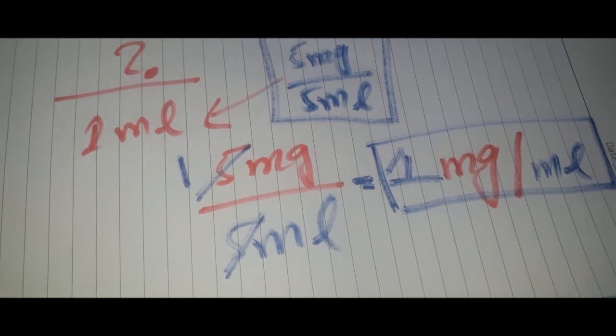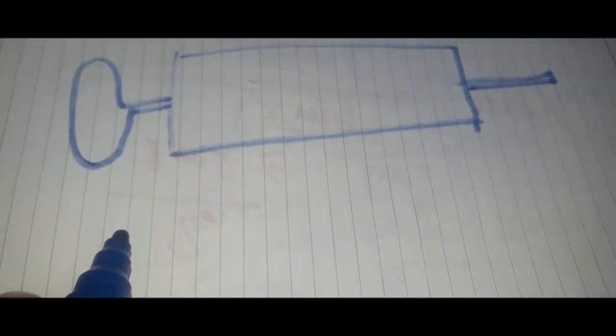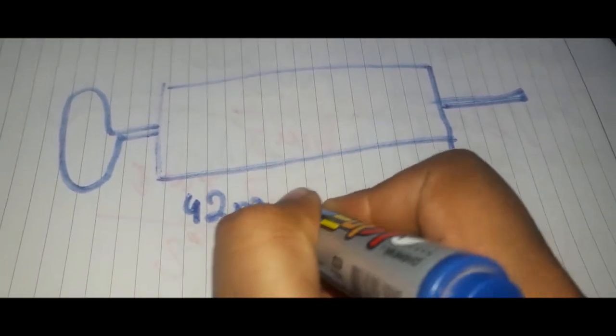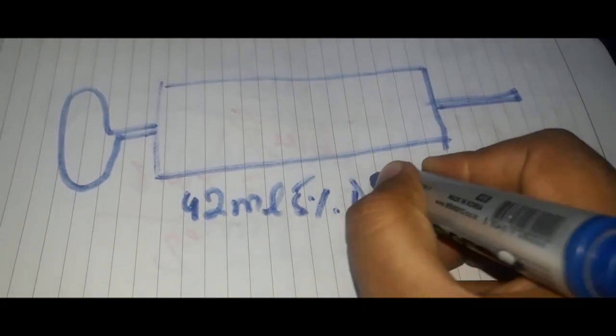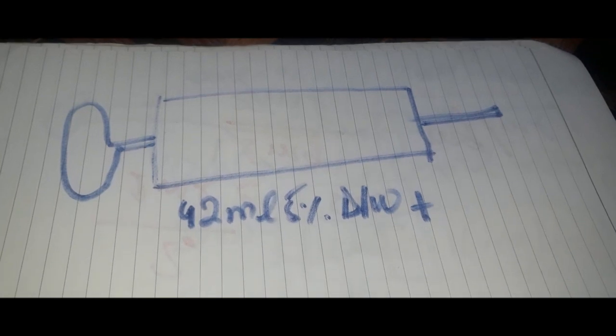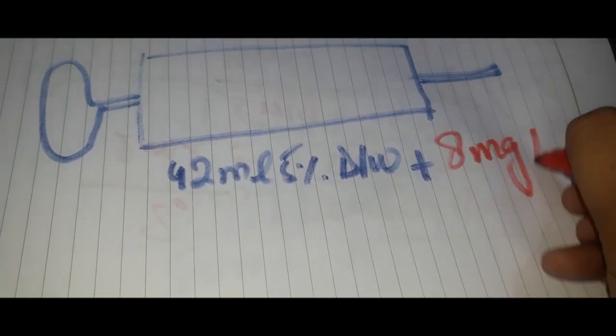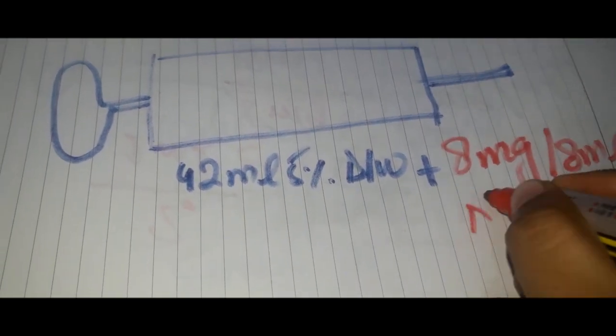Let's take another example. For example, you have been ordered to prepare a norepinephrine infusion. In this infusion, you add 42 ml of 5% dextrose water and you add 8 mg per 8 ml norepinephrine.